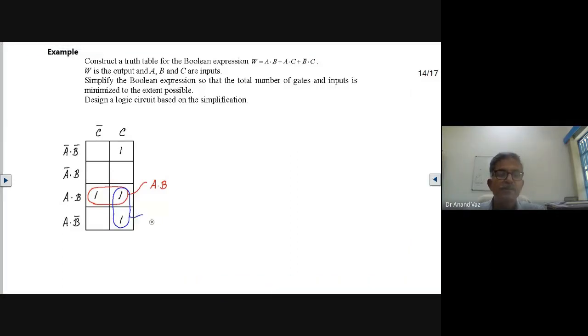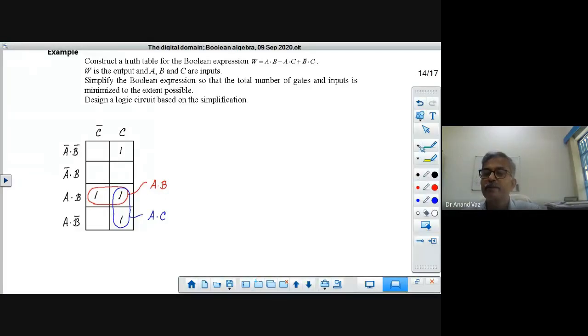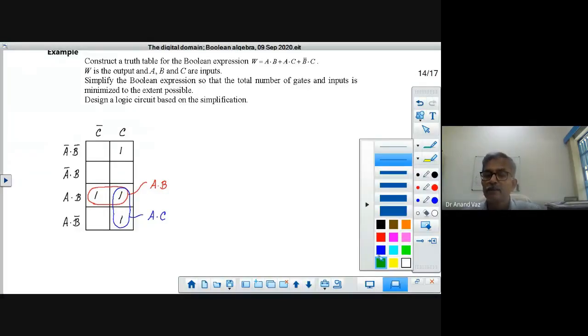So this is going to be A and C. And then we have not B and C. So first and last. Yeah, this is already identified. So we will take another color and identify the pair.